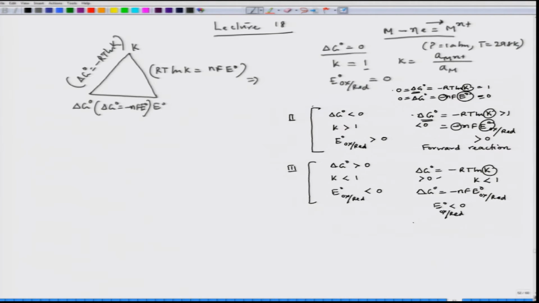So that means here we have the backward reaction, which is metal ion reduction, and here metal ion reduction or cathodic reaction would be preferred. So the forward reaction would be less probable, and the backward reaction becomes more probable if we have this situation.